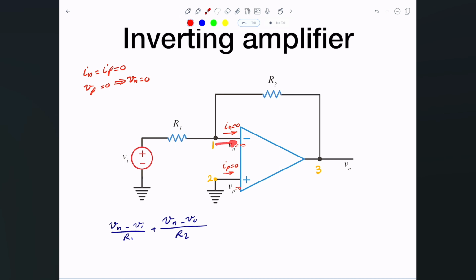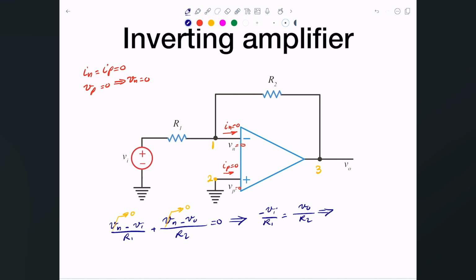And of course, I don't need to write plus 0 because that's just a 0. So we just say this is 0. We know that Vn here is simply 0. So all I have to do is a little bit of algebra, and you'll end up with this equation, which is negative Vi divided by R1 equals V out divided by R2.